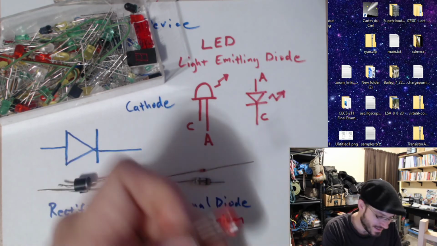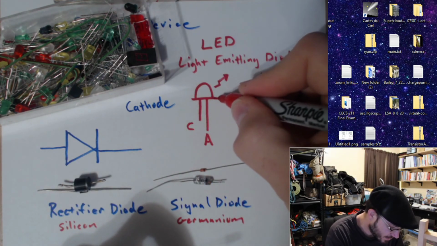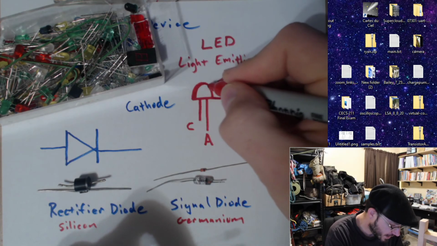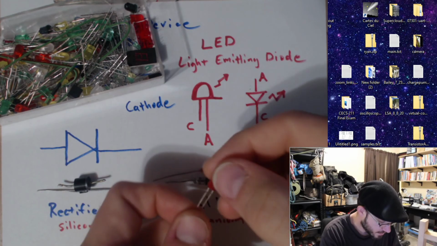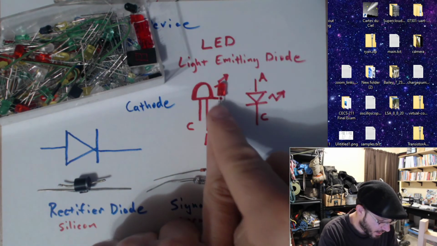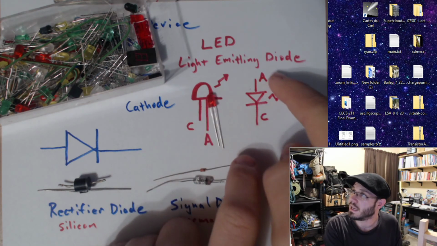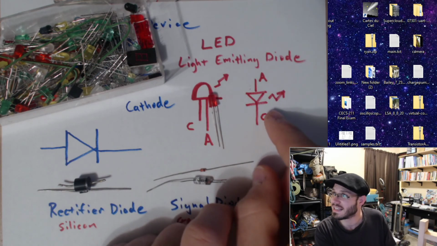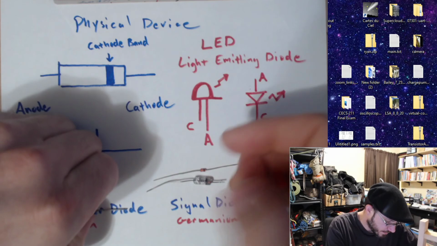The flat is on the cathode side. So if I make that side longer and do something like this, there. We have a flat side on the left side of the diode. And so that's how they're telling us the polarity or the orientation, which side is the anode, which side is the cathode. Okay? So these are our physical devices.